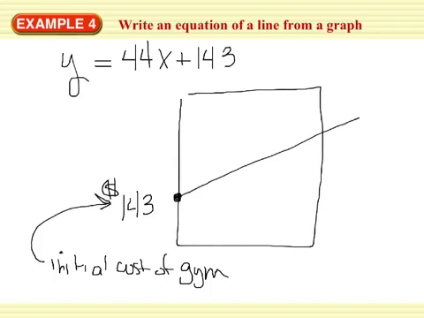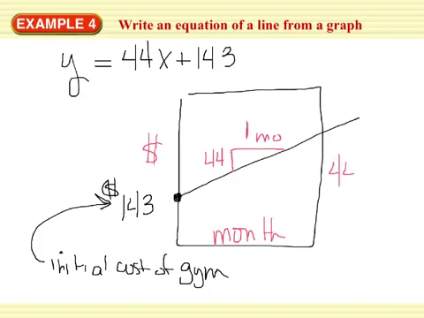They're waiving that cost, that initial cost. And then the slope is going to be your rise over run, which is dollars over months. So your monthly fee is going to be $44 over 1 month. Slope is $44 per month, which isn't bad.